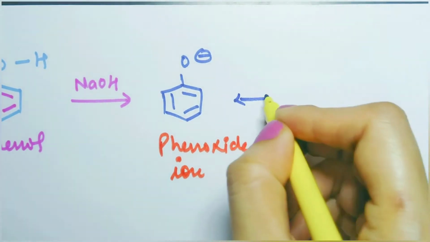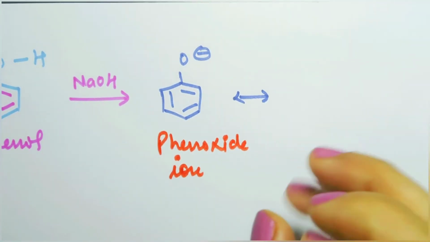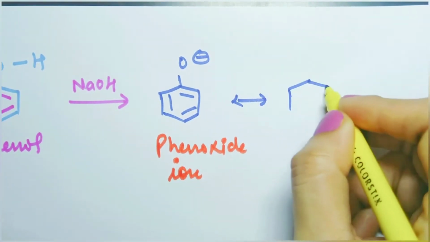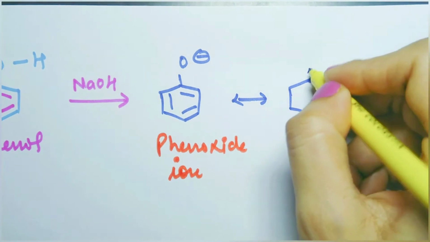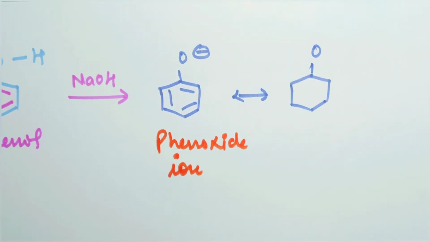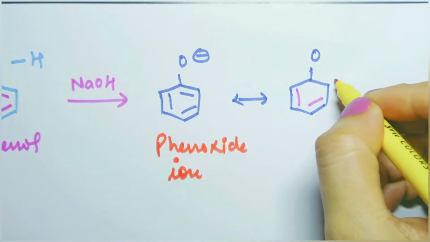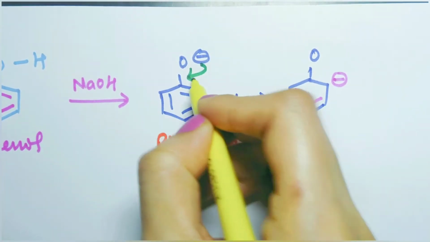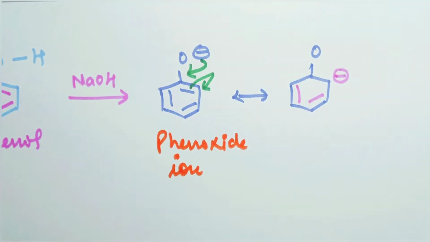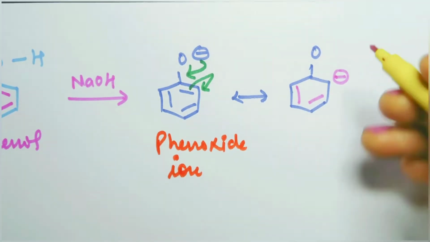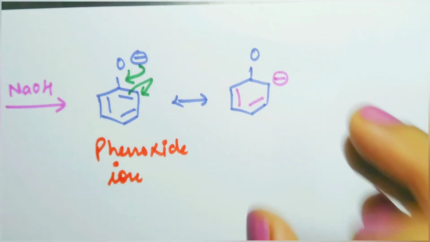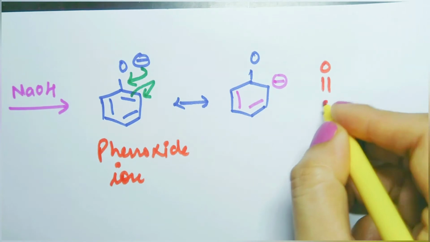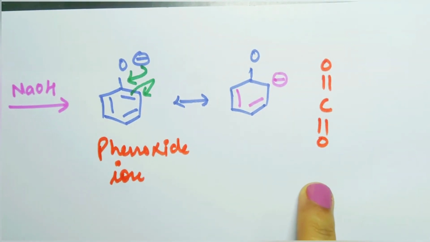After that we are having a resonating structure in such a way. See, here we are having oxygen with negative charge. There is a migration from here to here and this bond from here to here. Okay, so it is showing your reaction with carbon dioxide.